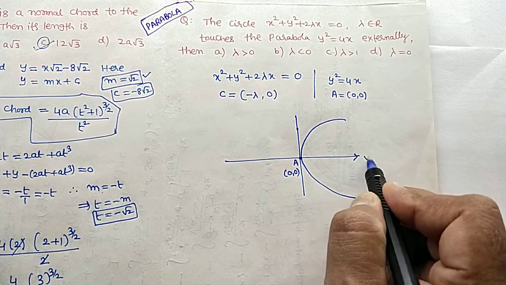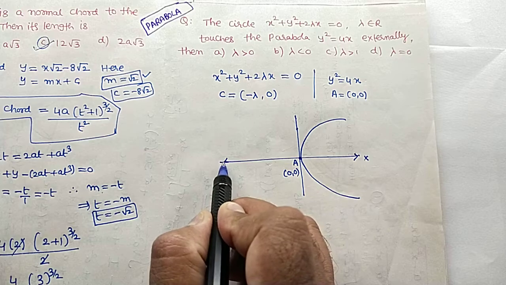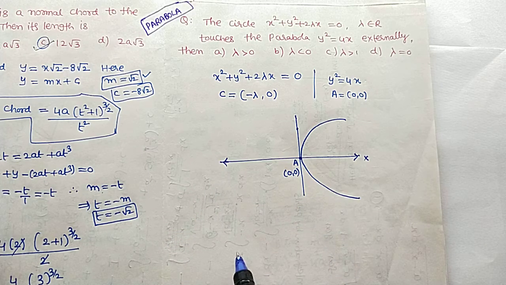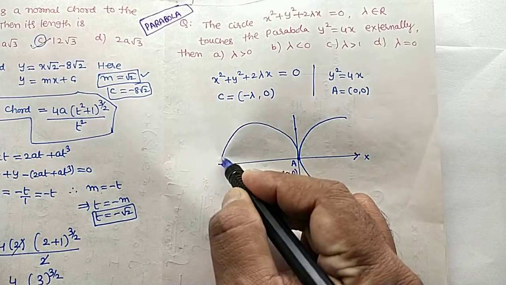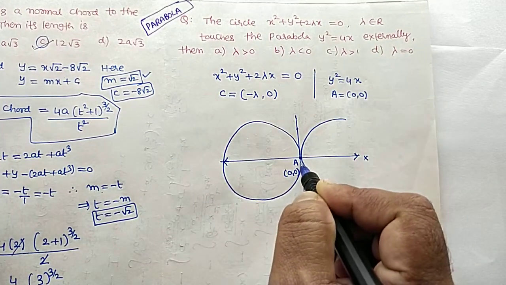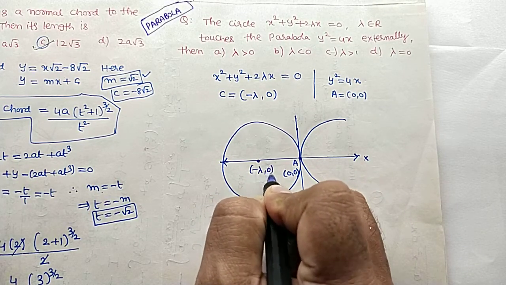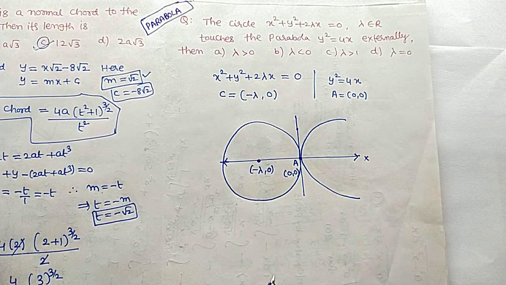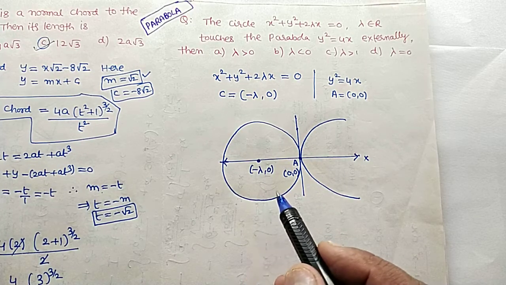Observe that the axis of the parabola is the x-axis and the center of the circle lies on the negative x-axis. So the circle will be like this, whose center is minus lambda comma 0. For what value of lambda does this circle touch externally?